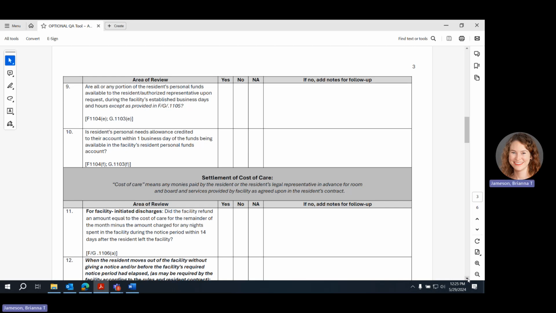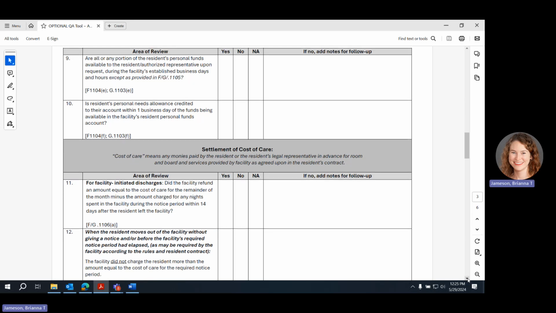The 11th area of review, for facility-initiated discharges: did the facility refund an amount equal to the cost of care for the remainder of the month minus the amount charged for any nights spent in the facility during the notice period within 14 days after the resident left the facility? There is space to check yes, no, or not applicable. And if no was checked, there is space on the right-hand side of the page to add notes for follow-up.